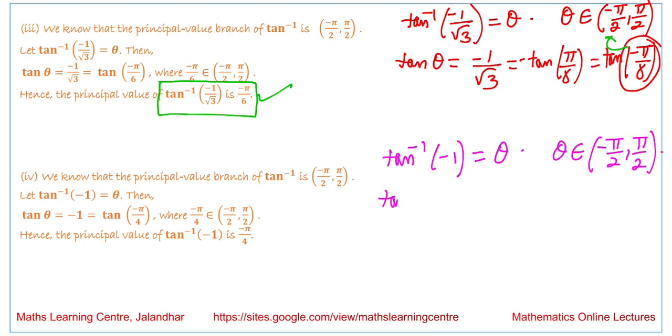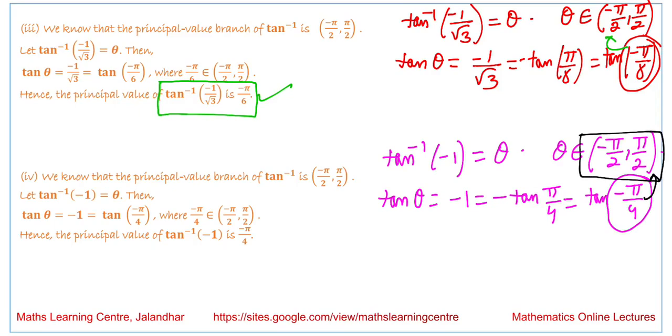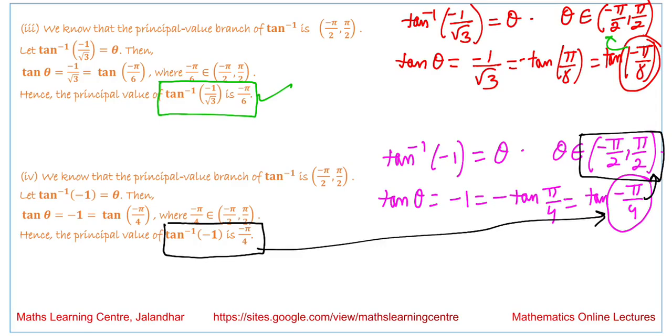So we are interested in the value for which tan theta is minus 1, which is equal to minus tan of pi by 4, which is equal to tan of minus pi by 4, and this minus pi by 4 lies in the interval minus pi by 2 to pi by 2. So the principal value of tan inverse of minus 1 is minus pi by 4.